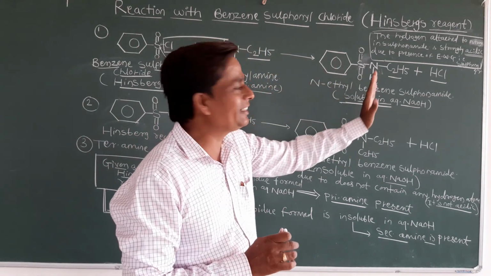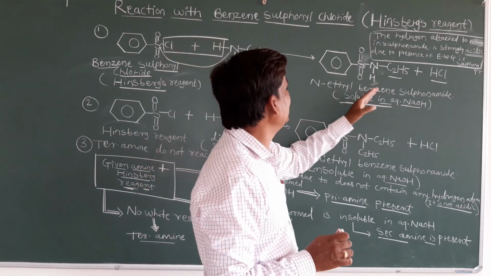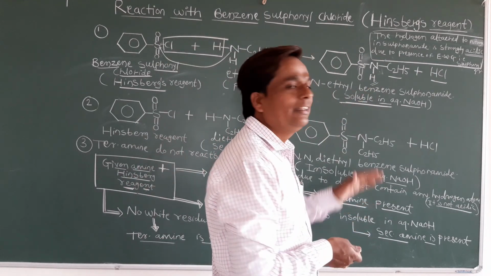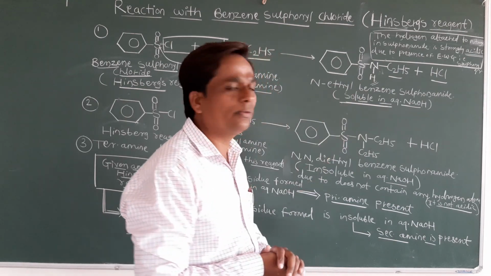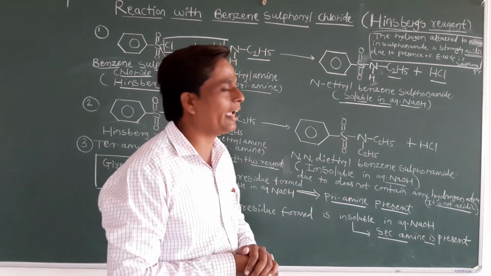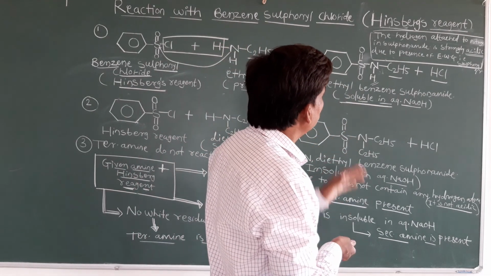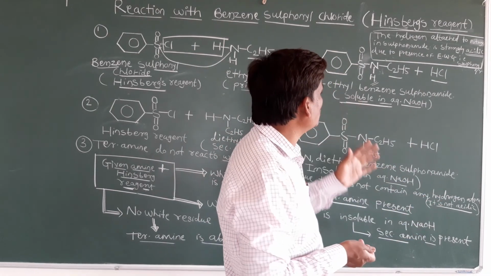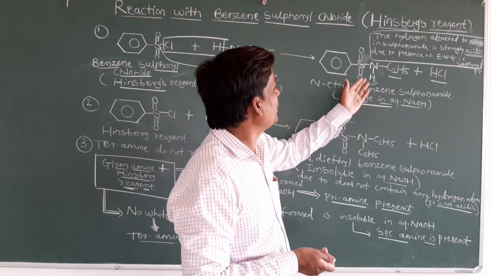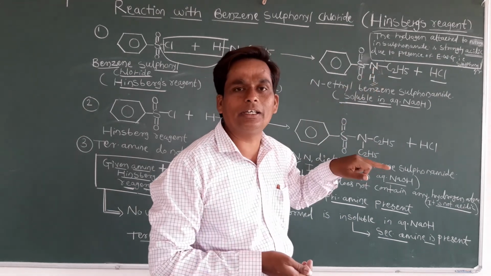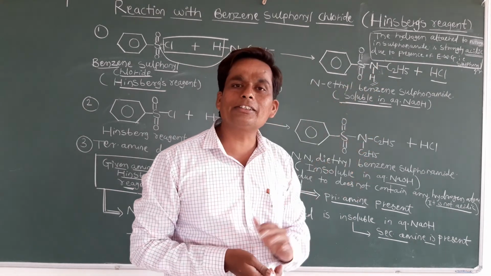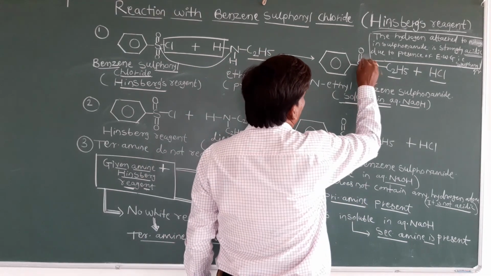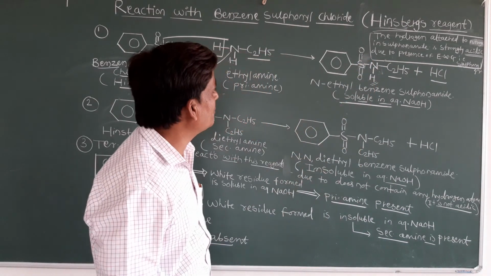Hydrochloric acid is removed, and we get the N-ethyl benzene sulfonamide, which is soluble in aqueous NaOH. When you dissolve it in aqueous NaOH, it is easily soluble, so that indicates it is a primary amine. And why is it soluble? Because the hydrogen attached to this nitrogen is strongly acidic. Why is it strongly acidic? Because of this electron withdrawing group.